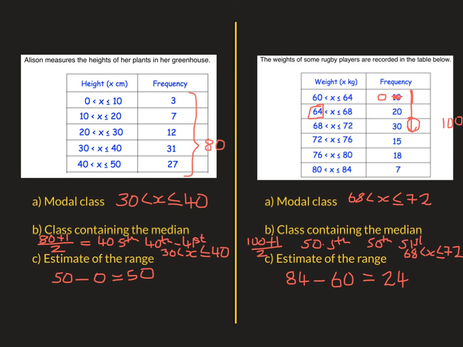So if that had been the table instead, I would have done 84 take away 64. Just because this value is in the table does not always mean that it's the lowest possible value. If this frequency was 0, it means there's nobody in that class, so the minimum would be 64. So it's just another little note to take on.